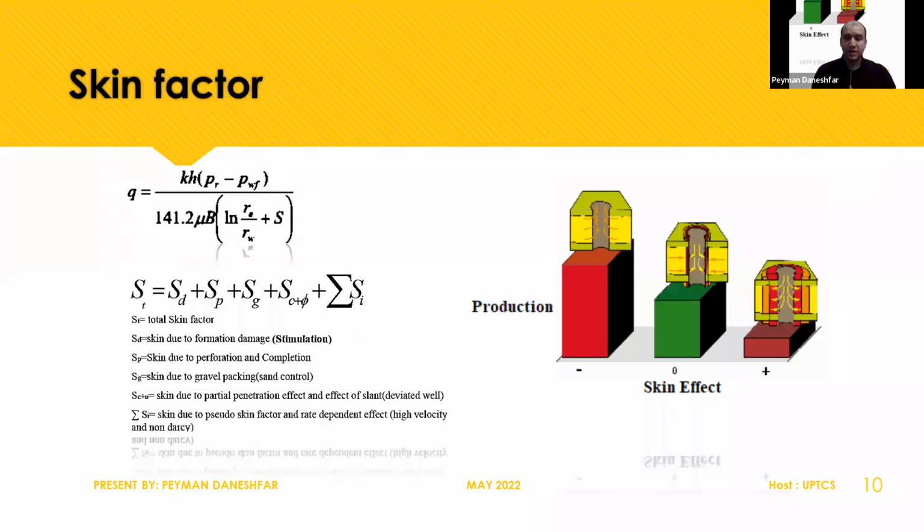As you can remember, I told you before, when permeability or thickness increases, it leads to production rate increasing, but some parameters like the skin factor or radius of damage zone increasing lead to a decrease in production rate. You can see the schematic of the skin factor effect on the production: negative, 0, and positive.